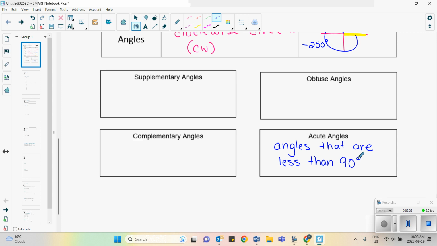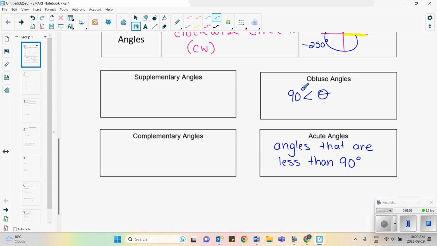Obtuse angles, more than 90 but less than 180. I'm going to write it like this, and you may not like this. So theta has to be greater than what? Greater than 90. Is it equal to 90? No, because what's a 90-degree angle called?